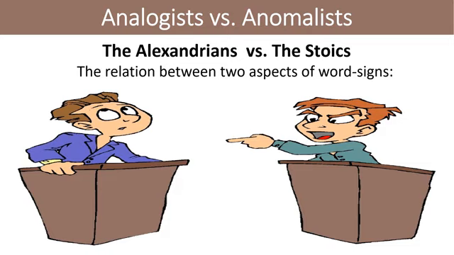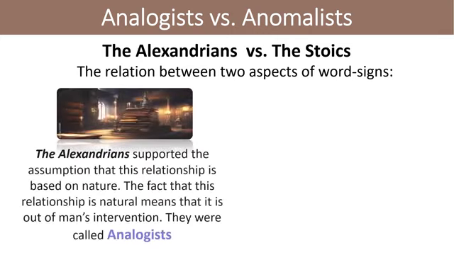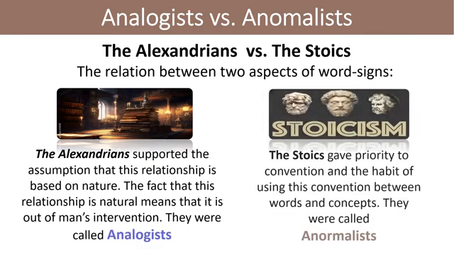Thus, the Greeks posed questions concerning language within their tradition of philosophical thinking. Between the Stoics and the Alexandrians, there were opposing views about nature and convention as the frameworks within which language-related issues such as the relation between words and meaning were examined.